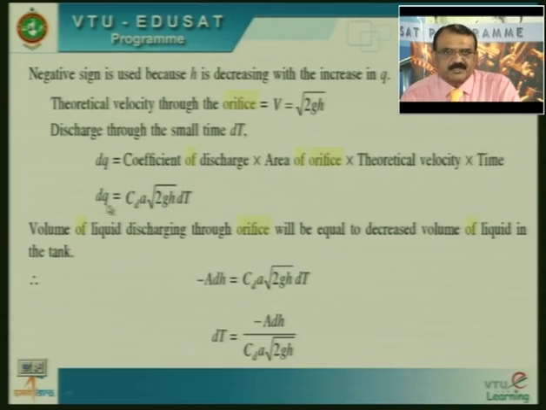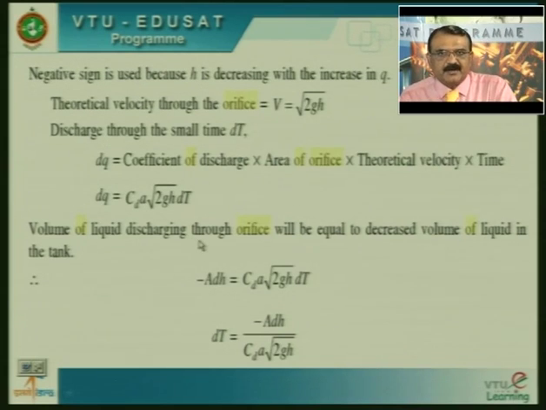Now if you substitute these values, this dQ is equal to Cd into a into root of 2gh into dt. Now this is for this small interval dh. Now you have the limits. What are the limits? Capital H1 and H2. So that is what I mentioned here.